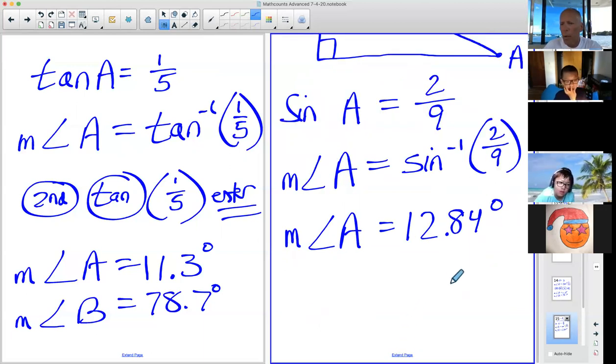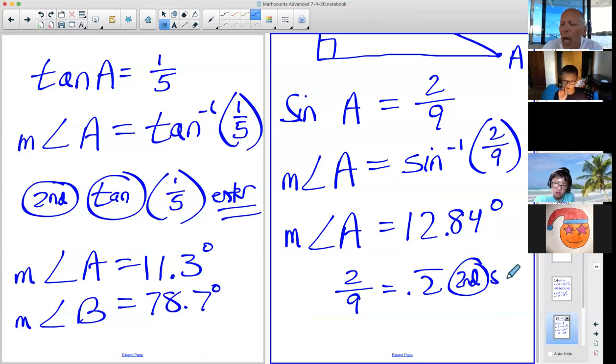Apple. Okay, so Ray, if you hit 2/9 and enter, what are you going to get? 0.2 repeating. Yeah. And then Ray, you hit second sine. It will give you 12. Oh yeah, second function. Okay, now I see it. Good man.